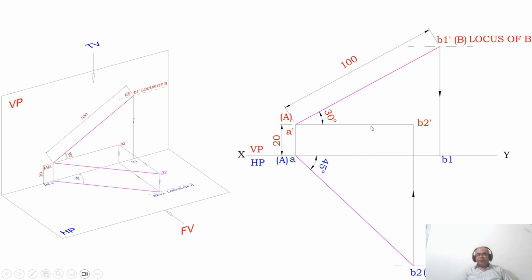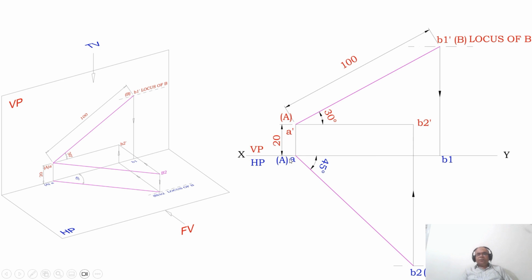Then only the line is going to be parallel to XY. So draw a vertical projector from B2 such that it lies on the line of A dash, which is above HP by 20 mm. So from B2 you draw a vertical projector to the line 20 mm above XY, so that you mark these points as A dash and B2 dash.